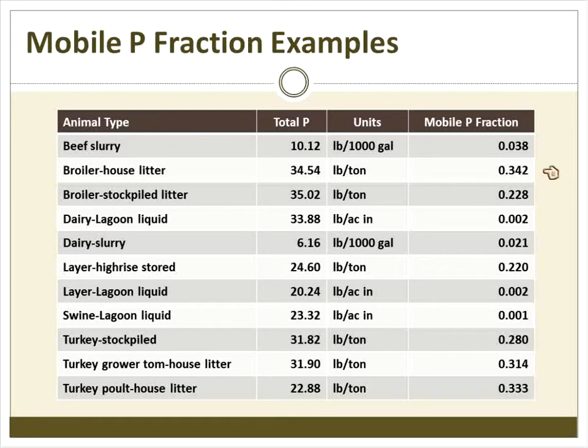And so you're interested not only in the mobile P fraction, but also the total amount of phosphorus. And you'll notice in this slide that dairy has the least amount of phosphorus per unit of application, 1,000 gallons, relative to some of these other sources.